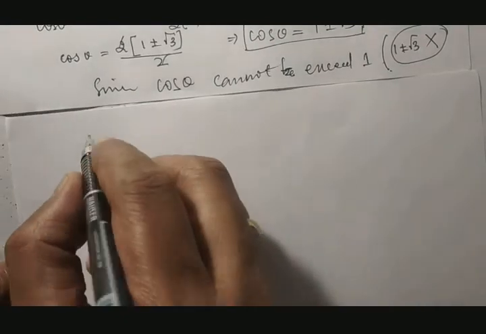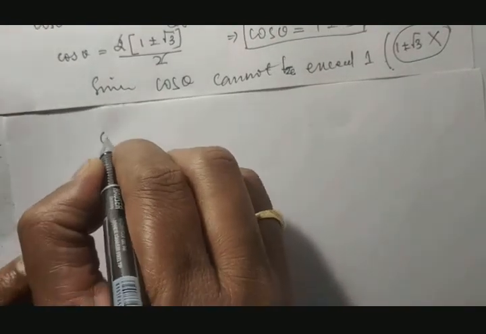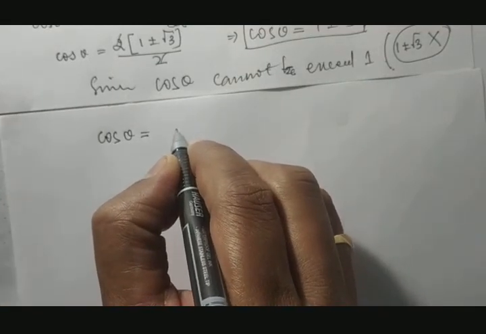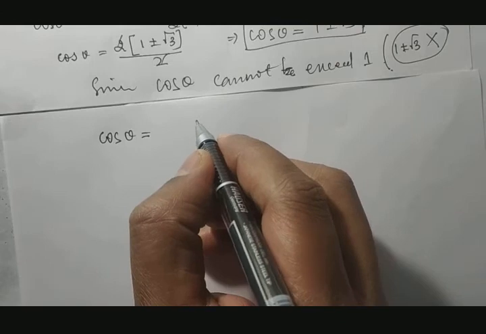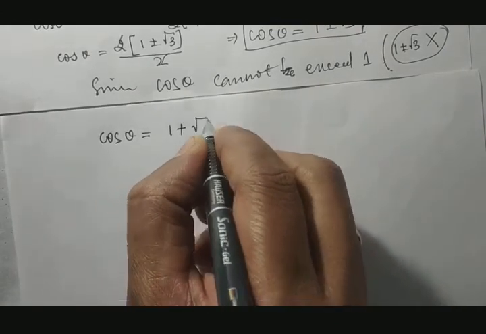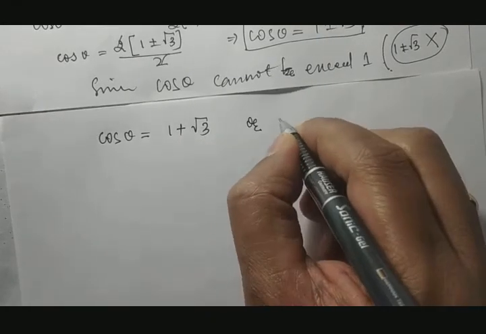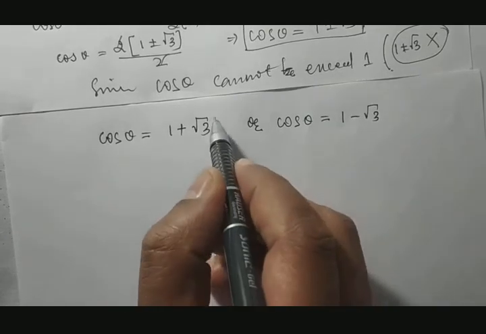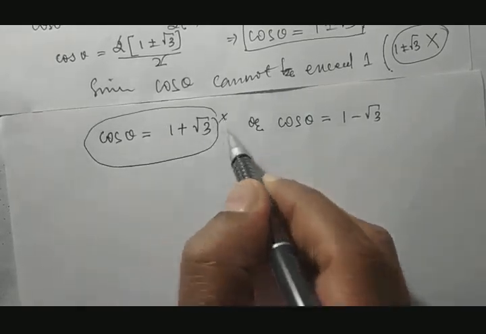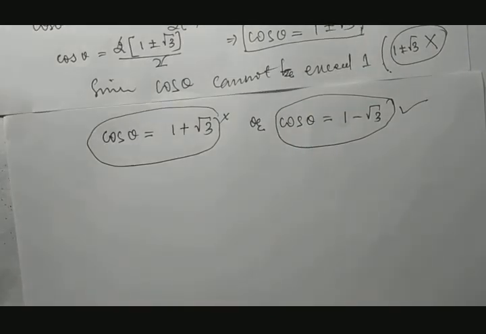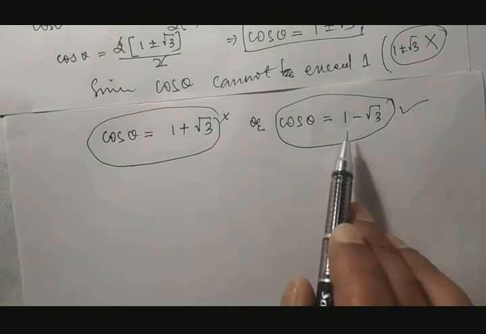So, since cos theta is equal to 1 plus or minus root 3, we cannot take 1 plus root 3, so cos theta is equal to 1 minus root 3. We can consider this part because cos theta cannot exceed 1. Okay, this is the result.